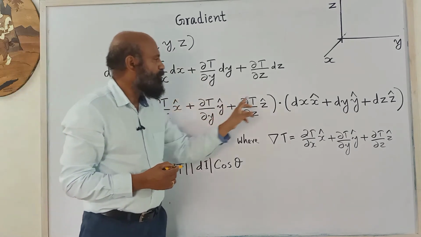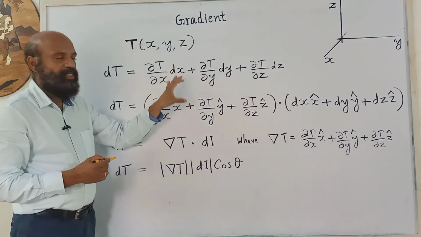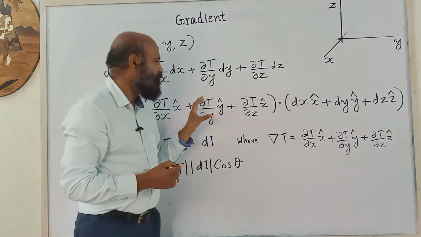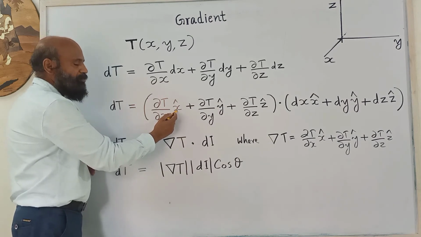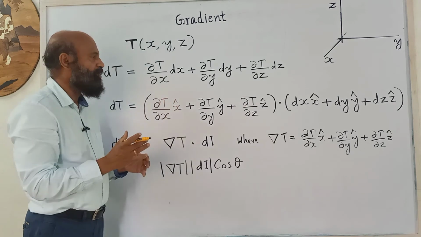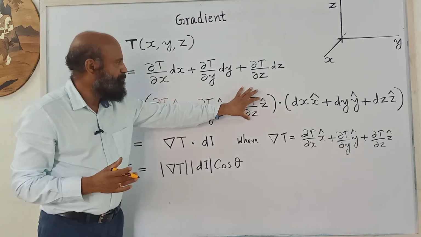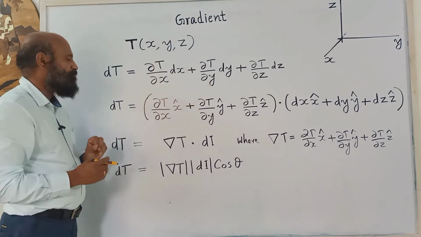So this with this, if you take the dot product, you will get this. So this can be written as the dot product of two vectors. This is one vector; x cap is a unit vector, y cap is a unit vector, z cap. So this is a vector, this is another vector.